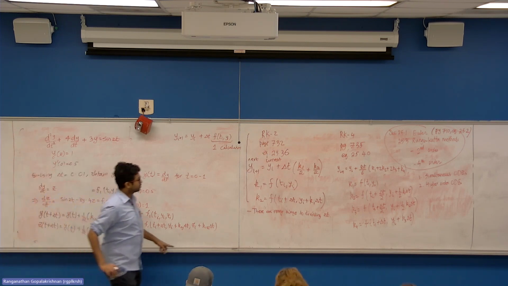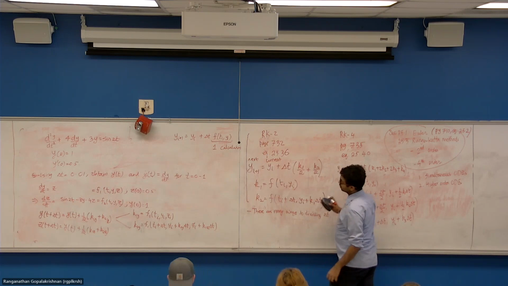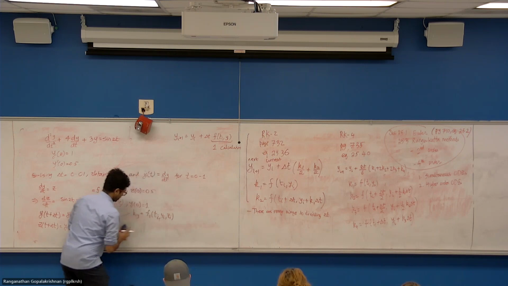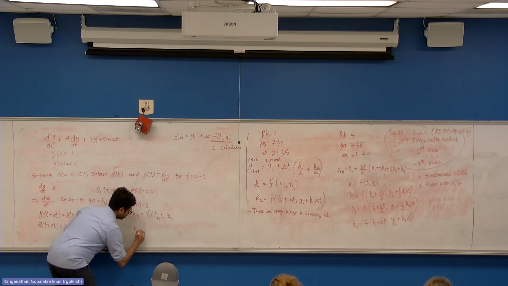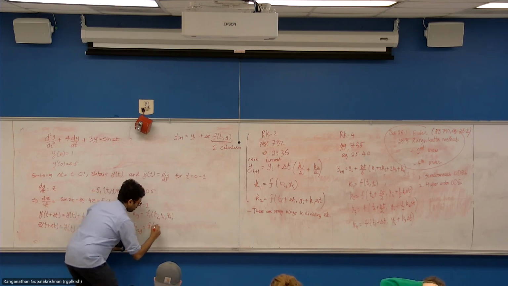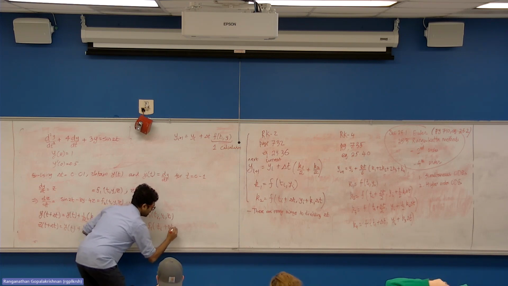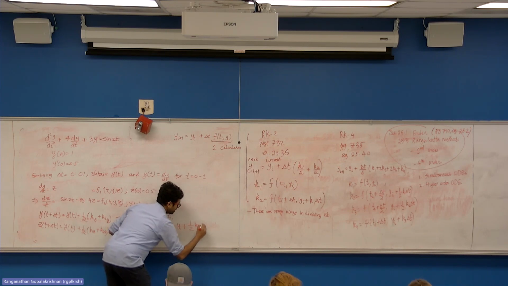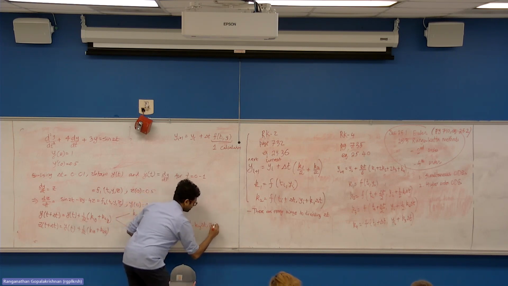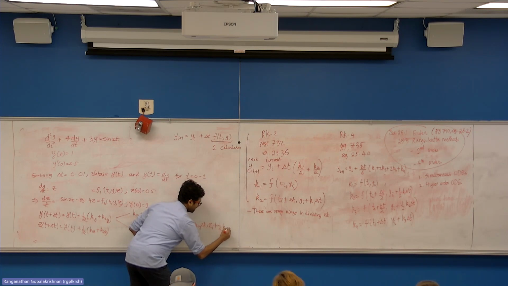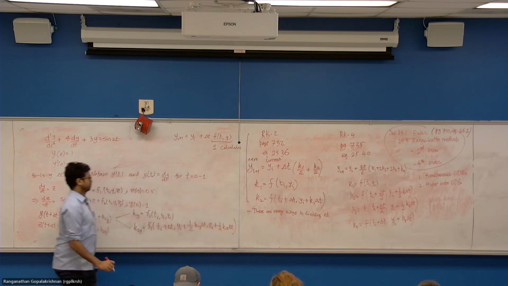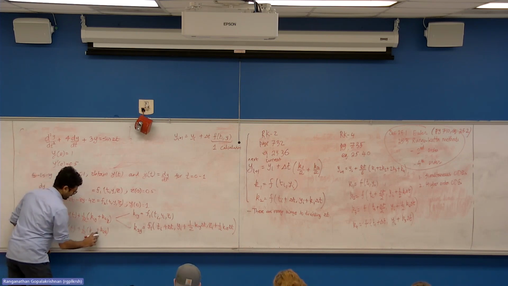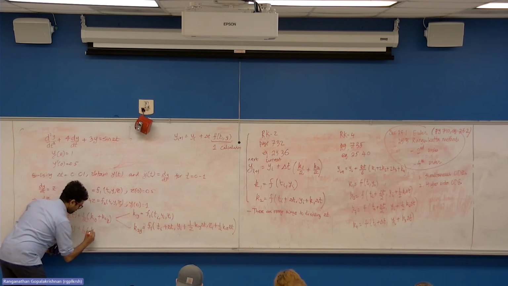If this is not easy to read, I'll rewrite it more clearly. So K2y is F1 of t i plus delta t, y i plus half K1y times delta t, comma z i plus half K1z times delta t. You may be wondering what K1z and K2z are, which we haven't defined yet.